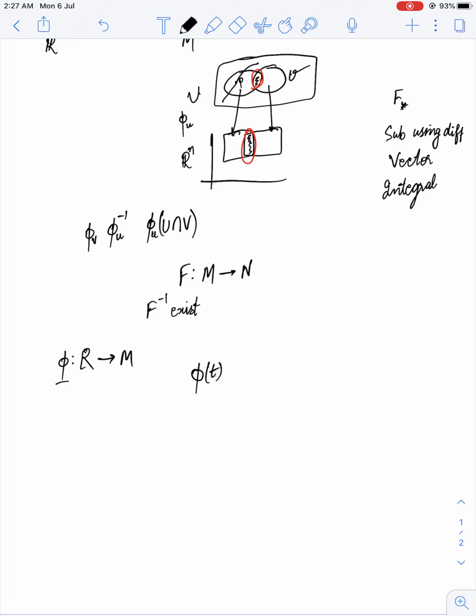I forgot that also, and without it I can't talk about the differential. So the tangent space will be introduced now. This is phi t, and I have to get vectors first, and then I will get the tangent. So we have phi t, and at point P, the tangent is simply dx.